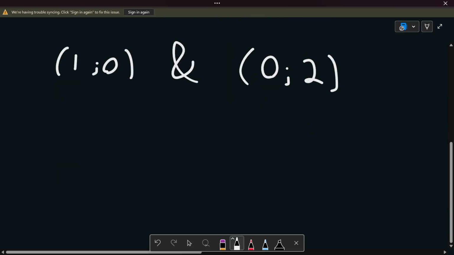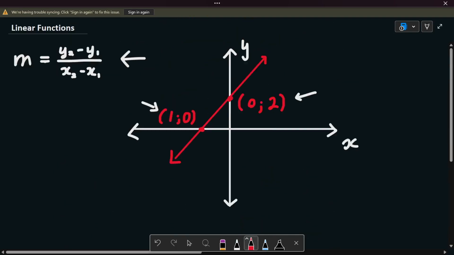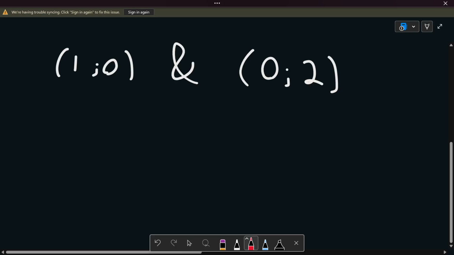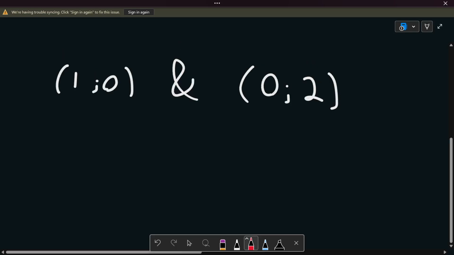Remember what I said in the beginning: these numbers over here, the 2 and the 1, for both the numerator and denominator, are considered as sets. So we can call these different coordinates a different set.